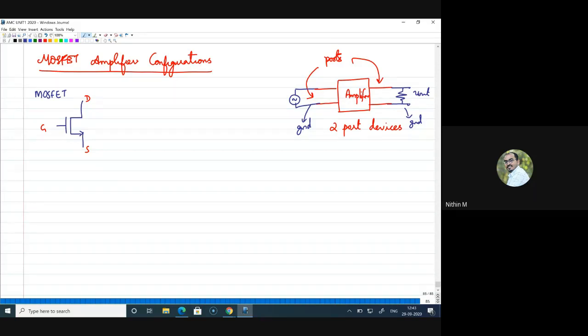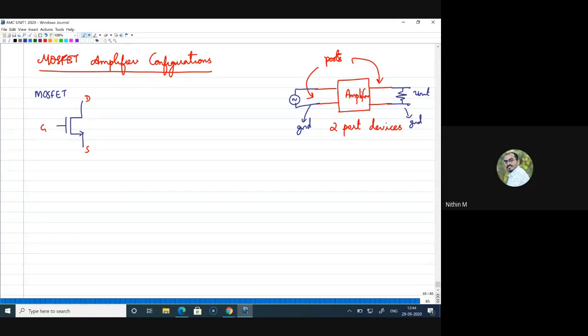Now I'm asking a question. You have a 3-terminal device. How many different combinations can I have in this case? That means one can be input, the other one can be output, and the third one can be a ground or the common reference point. So how many combinations are possible?